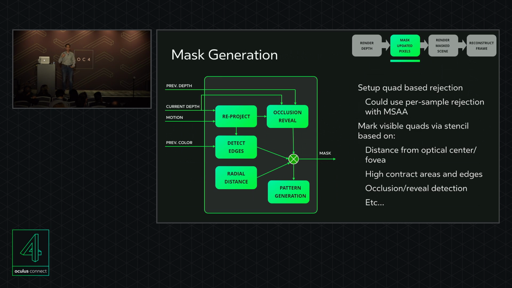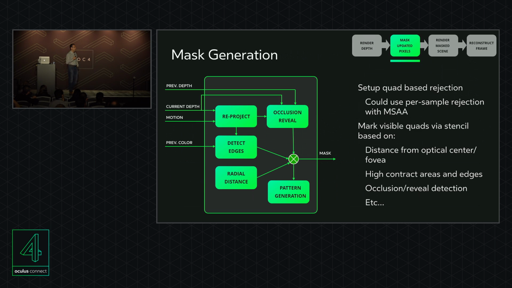Alternatively, we could also mask out using per sample rejection with MSAA. Effectively, we use MSAA as a sort of super sampling solution with custom sample patterns. However, even though it has much smaller holes, it has its own set of trade-offs. So both methods are quite valid depending on what you're trying to do.